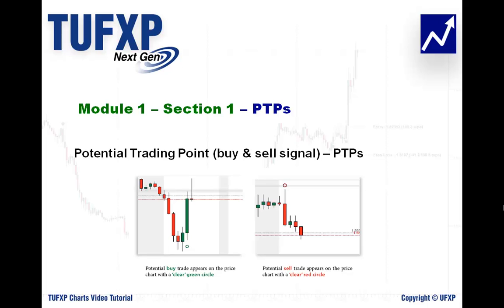In FX trading we can make money on the upside and on the downside, and with spread betting it's a lot easier to understand. We're either going to bet on rising prices or bet on lower prices. And again, just to clarify, a clear green circle means prices will potentially move higher, and a clear red circle indicates that prices may potentially move lower.